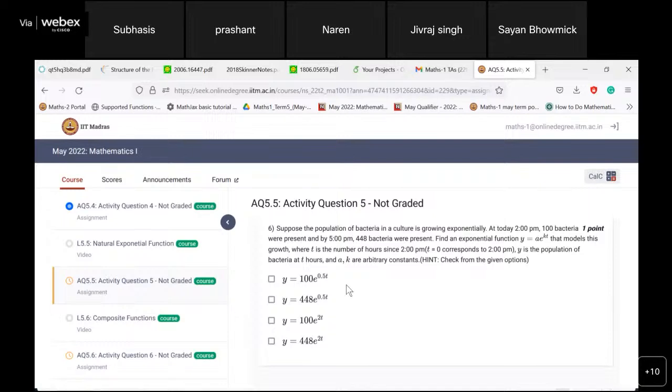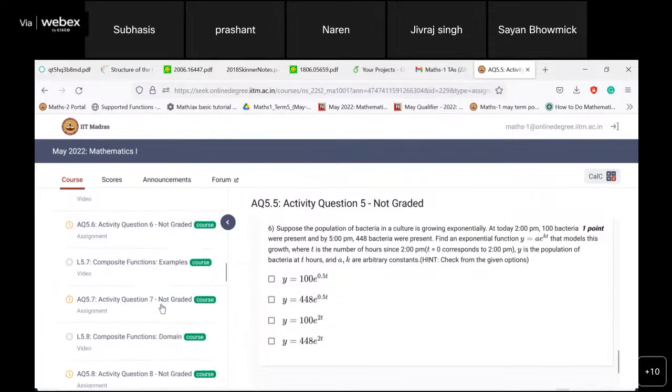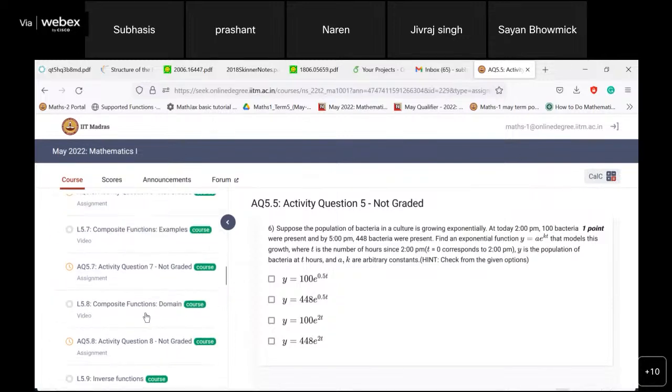And sir, in lecture 5.8, determination of domain, sir told that for defining the domain, I'm not able to clear. The domain means domain of what? Domain of a composite function, sir.